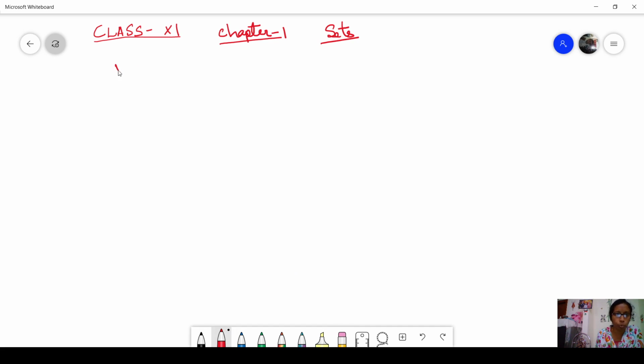So first, what is Venn diagram? Venn diagram is the pictorial representation of the set.